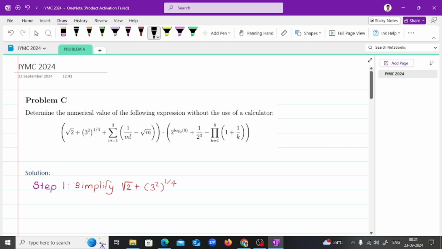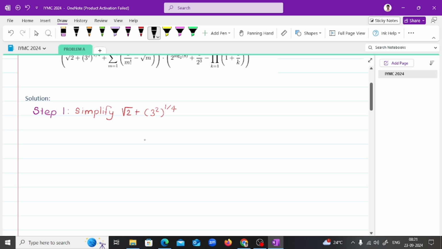Okay, so we have (√2 + 3) squared raised to 1 by 4, which is equal to (√2 + 3) raised to power 2 into 1 by 4.